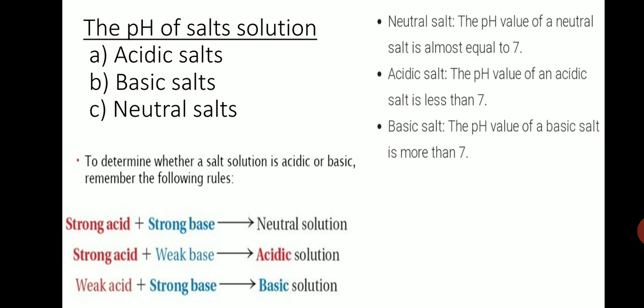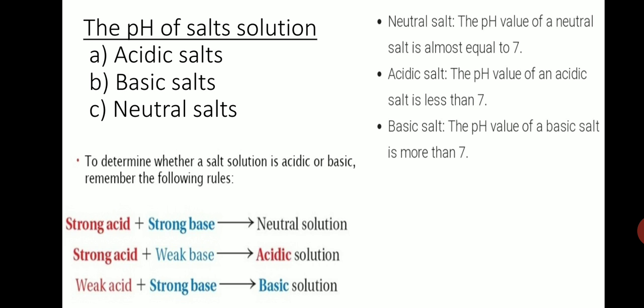Did you understand? Okay, so the pH value of a neutral salt will be almost equal to 7. How are neutral salts formed? When the acid and base are both strong or both weak, both on the same range, it produces neutral salt.